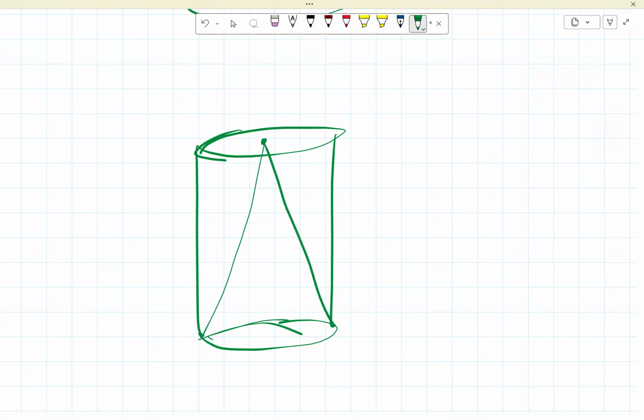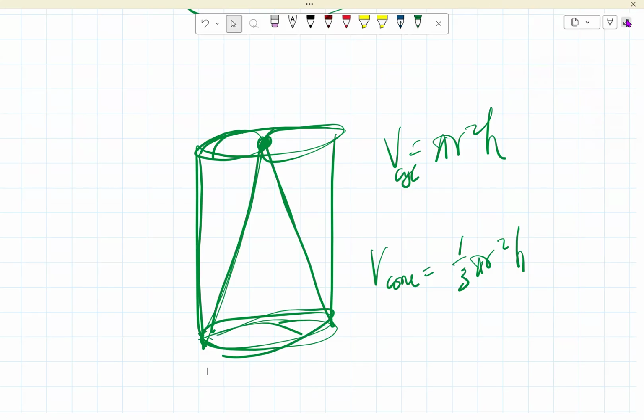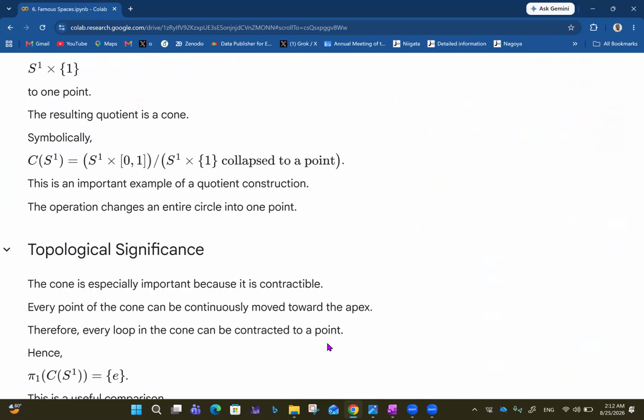By the formula, the volume of a cylinder is pi r squared height, but the volume of a cone is one over three pi r squared height. So from a cylinder, you get three cones functionally. That's how you can create a cone from a cylinder. The operation changes an entire circle into just one point.